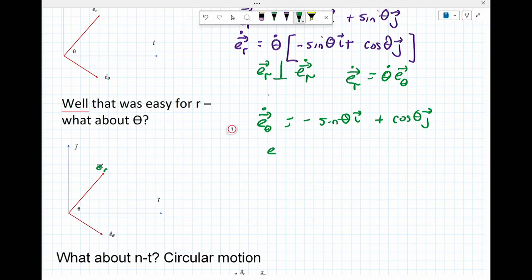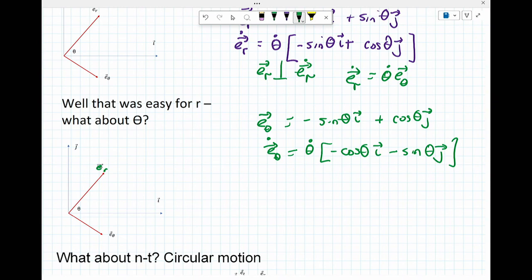E theta dot is equal to theta dot times minus cos theta i minus sine theta j.